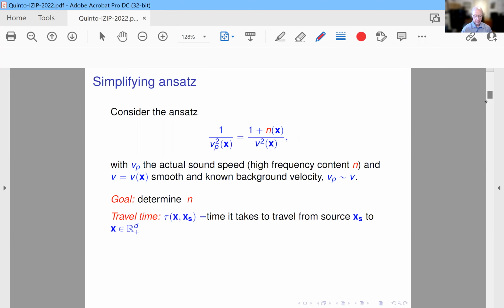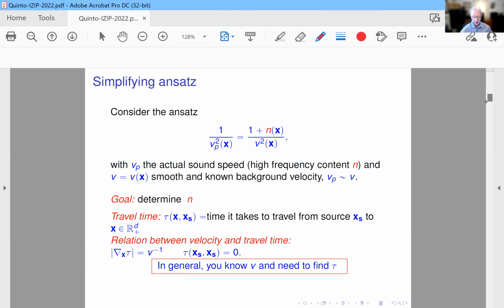Okay. Now, the travel time, if we have a source xs, is the time it takes to travel along a geodesic from the source to the point. And that's important. Now, the velocity can determine the travel time by this equation, that the magnitude of the gradient in x of the travel time is the reciprocal of the velocity, with the initial condition that the travel time from a point to itself is 0.